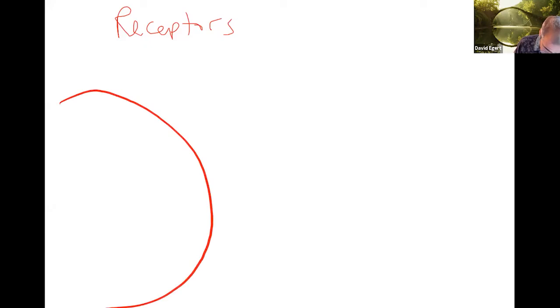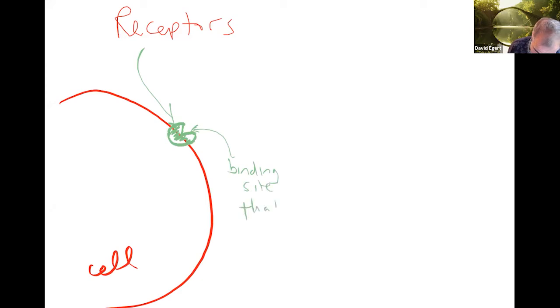So let's say this is my cell. Receptors are specialized membrane proteins, and they have some kind of binding site on them that binds a specific ligand.